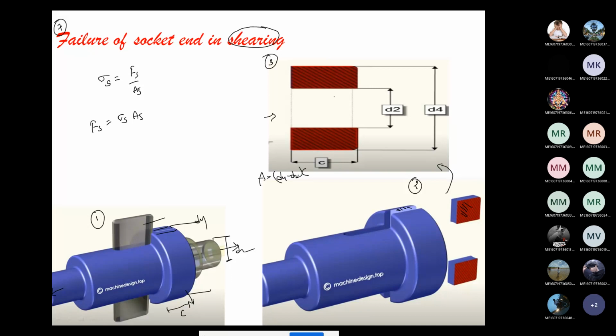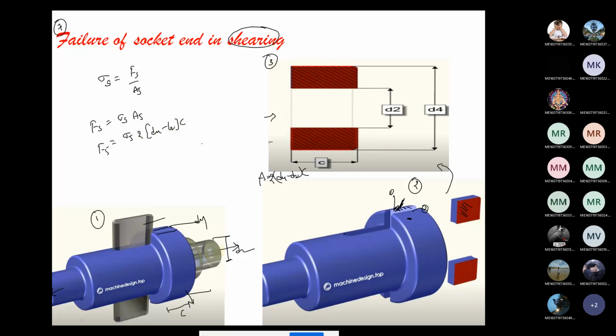These failure areas appear on both sides. If you go through the second image, on this surface one failure area, and on this surface another failure area, right? Two failure areas are appearing, so for that reason I multiply with 2. So Fs equals sigma s into 2 into d4 minus d2 into c.